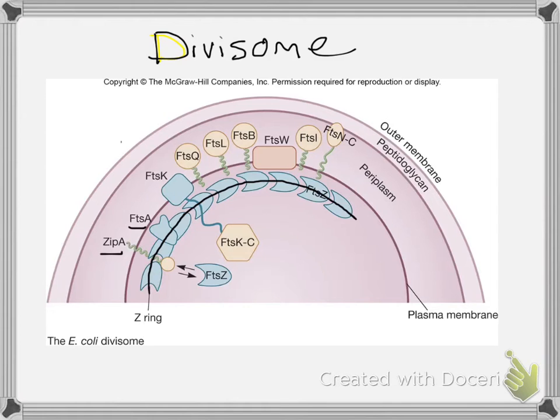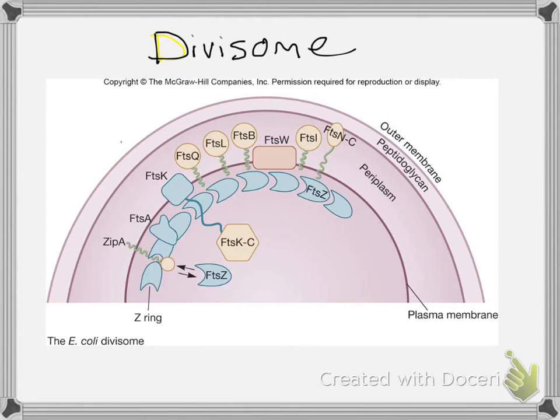The FtsK protein, right here, is believed to be important in segregation of the chromosome and separation of the chromosome dimers. So when we have those two chromosomes being replicated, we use FtsK to help separate them. Now, FtsQ, L, and B may be providing a scaffolding to allow for peptidoglycan synthesis, so they might just be an important structural element.